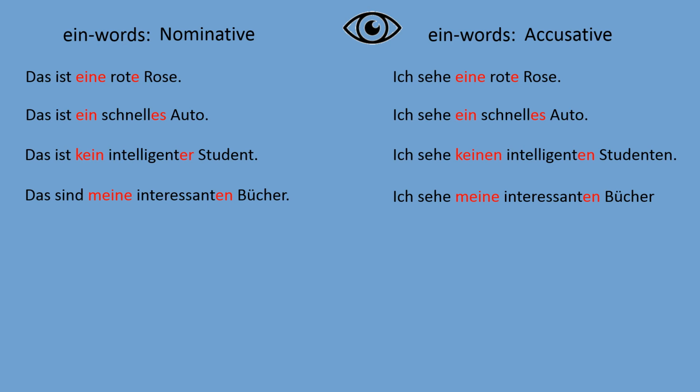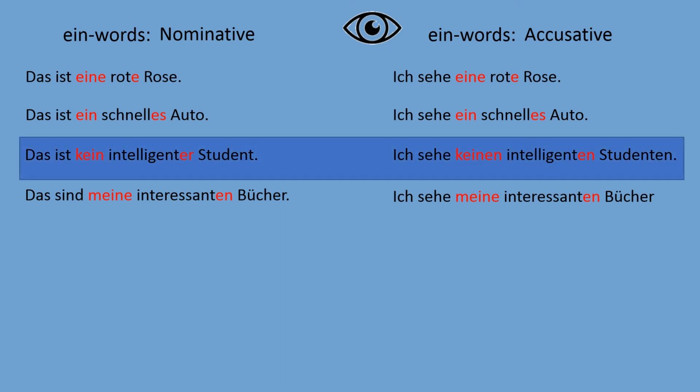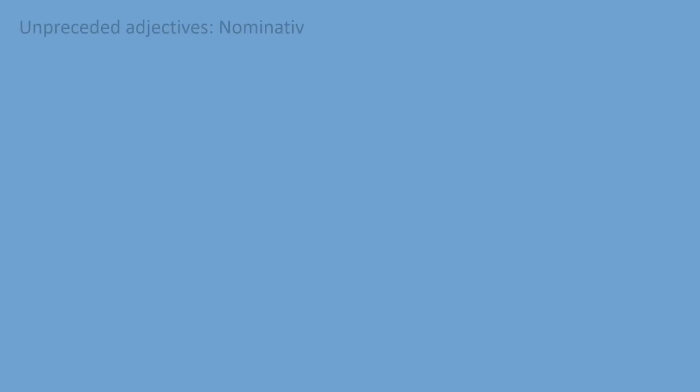So again, we compare the sentences in nominative and in accusative case, we compare the endings of adjectives, and the only difference we can find again is when we use the noun which is masculinum. Das ist kein intelligenter Student. Ich sehe keinen intelligenten Studenten.